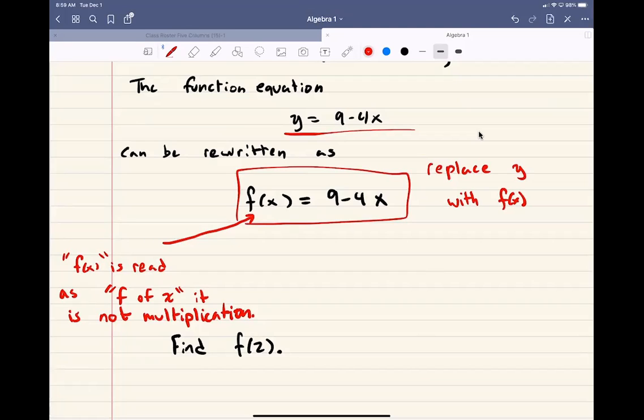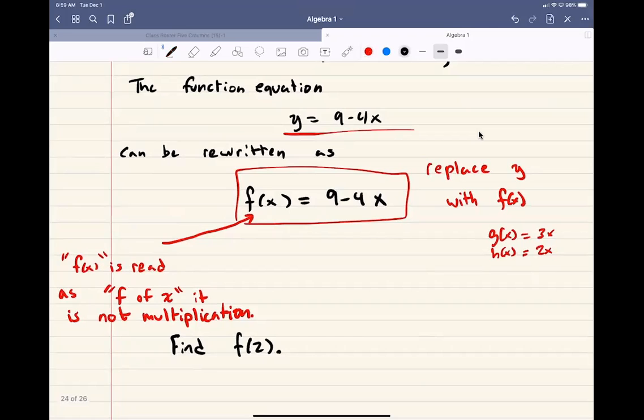If you have multiple functions in a problem, you can name them g of x, h of x, and then let's say this one is equal to 3x, and this one's equal to 2x. Well, if I said f of x, we're talking about 9 minus 4x. If I were to say g of x, we're talking about 3x. If I said h of x, we're talking about 2x. So that's one of the reasons we like using function notation.